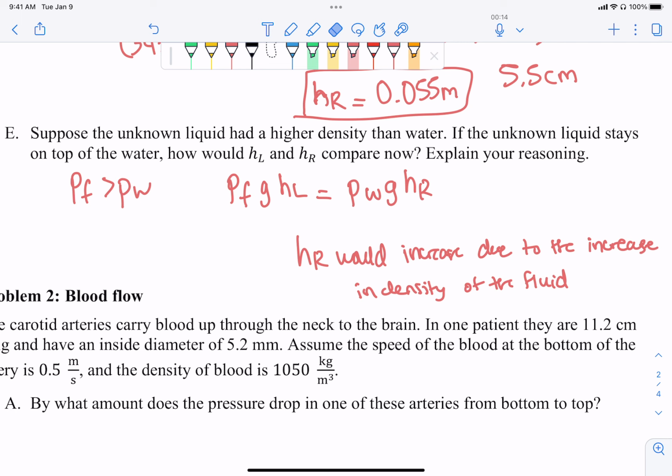I mean, yeah, you don't really have to say specifically which one is greater than the other. I just went ahead and said what would happen to each value.